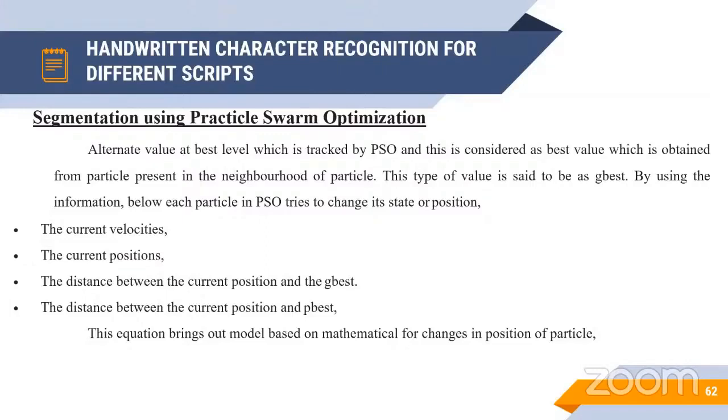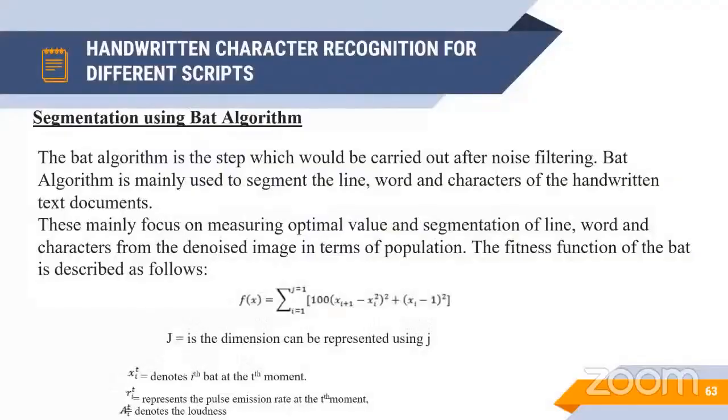Even the distance between the current positions and the other particular pixels, G best and P best. So this is one method, and that method is used to identify the neighborhood pixels.